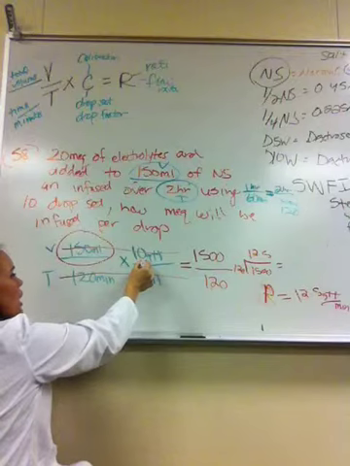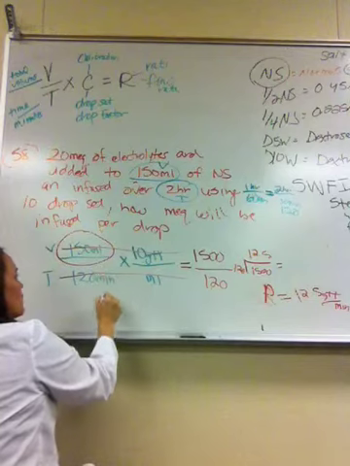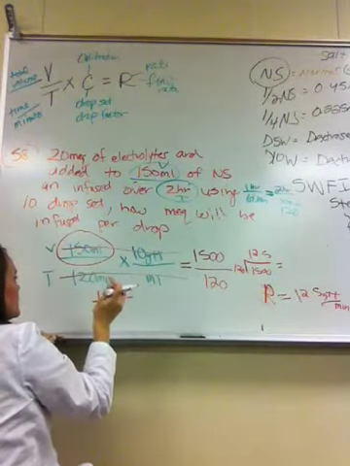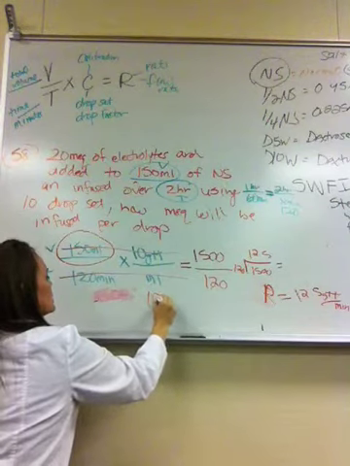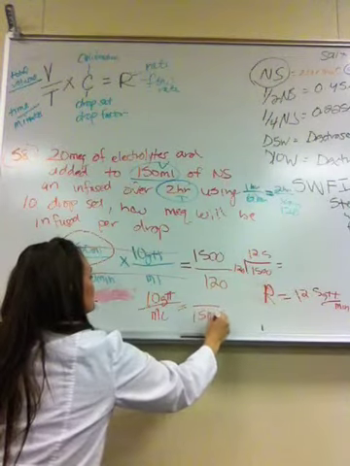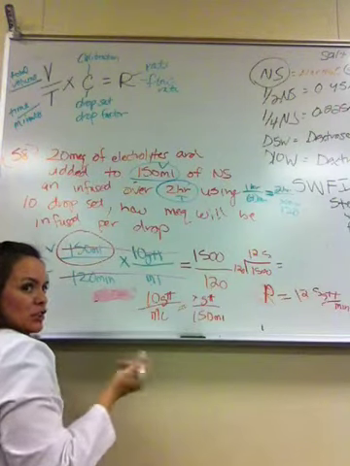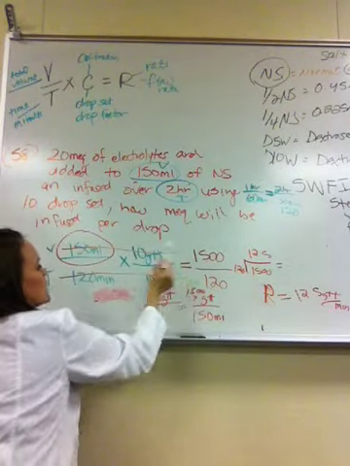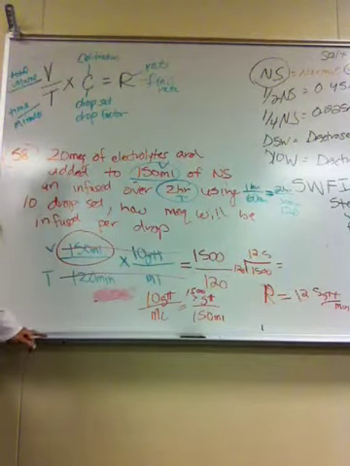If you're taking 10 drops out for every ml, how many drops are in that IV bag? And you get 1,500, right? Do you guys see that? I just want to make sure you know what this number is that you get every time you multiply. You're figuring out how many drops are in that IV bag.